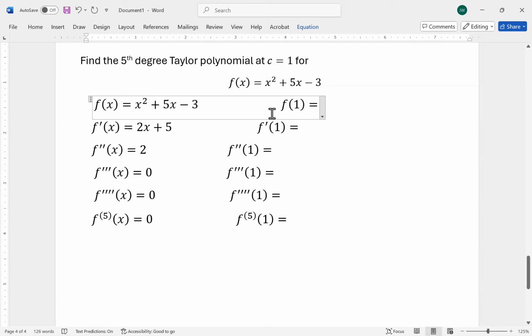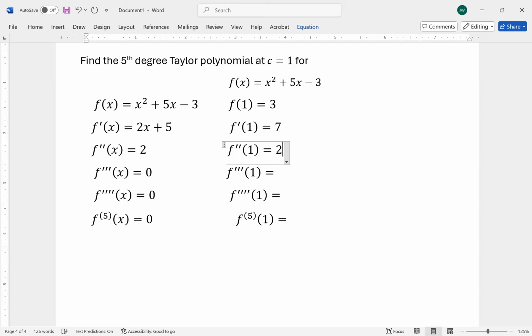When I plug in the x value of 1, I'm going to get 1 plus 5 minus 3, so I get a 3. Into the first derivative, I get a 7. Second derivative, I get a 2. And then beyond that, everything else is 0.